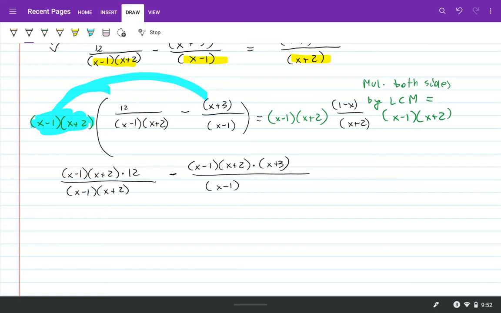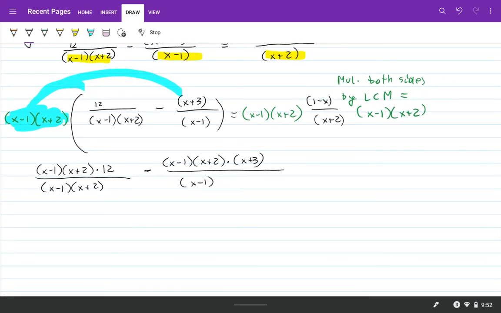So I only multiply numerators equal the same thing here. Think about this as a number multiplied by fraction, so you only multiply by numerator. So we have x minus 1 times x plus 2 times 1 minus x divided by x plus 2.